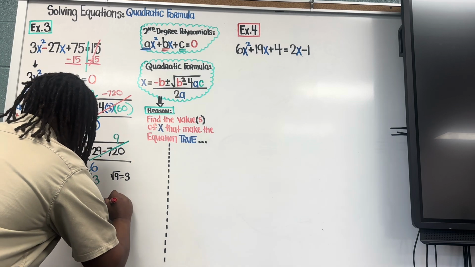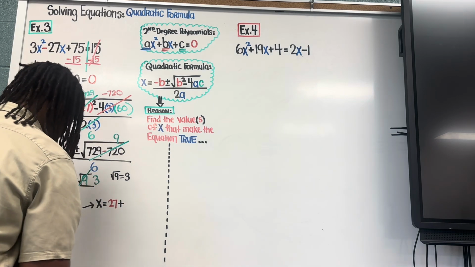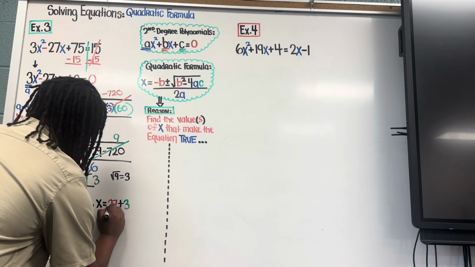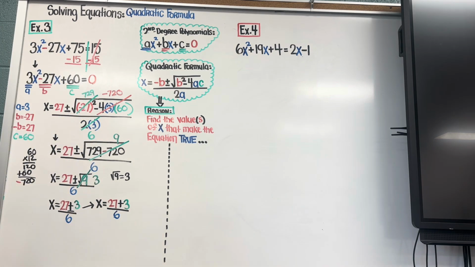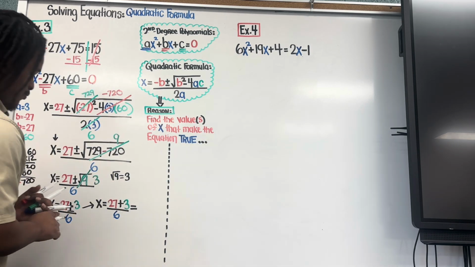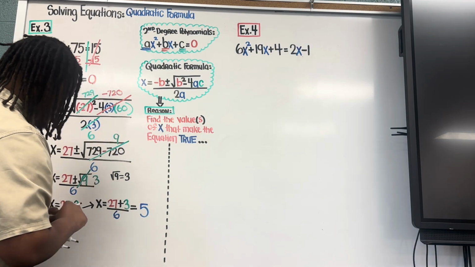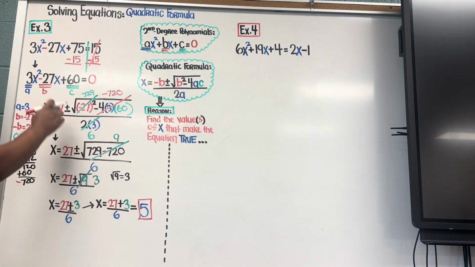So I got 27 plus 3, divided by 6. 27 plus 3 is 30, and 30 divided by 6 is 5. So one value of x, guys, is 5. If we plug in the value of x as 5, all of this will be true.